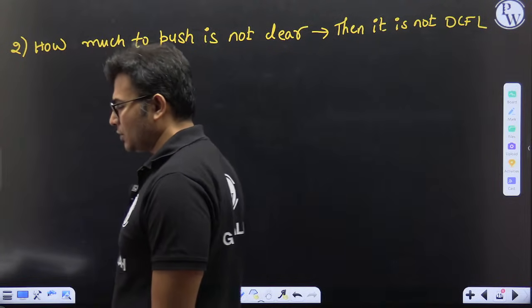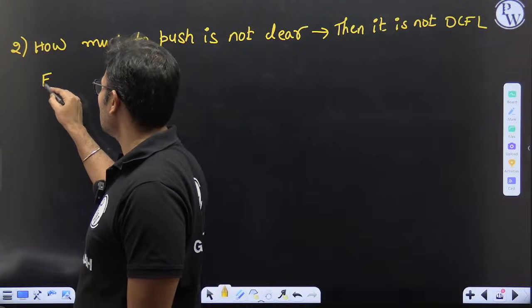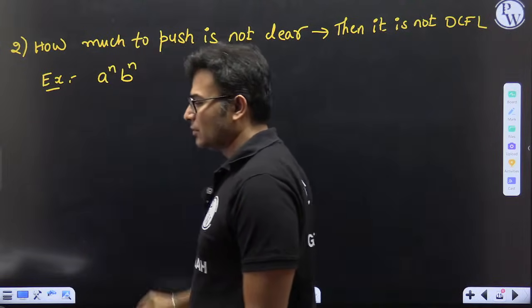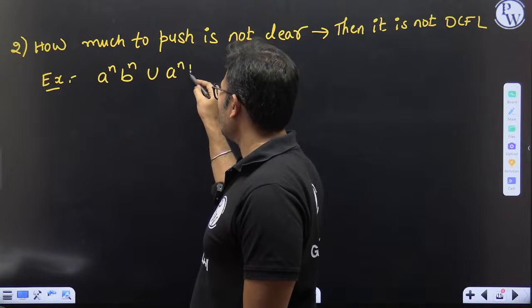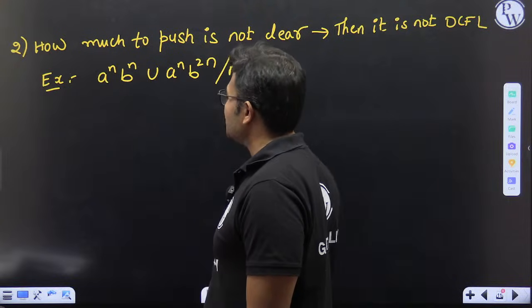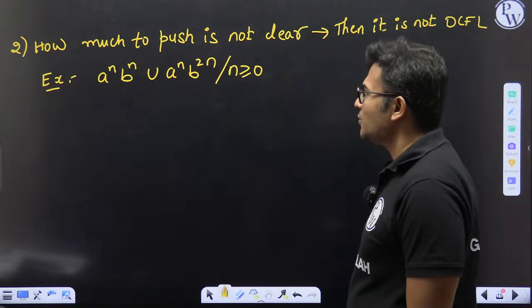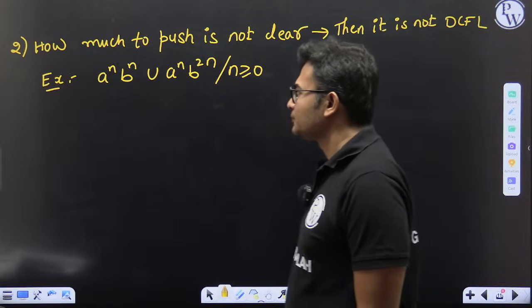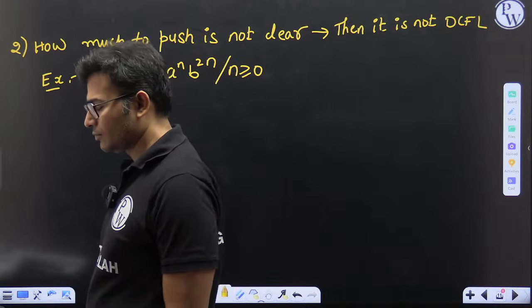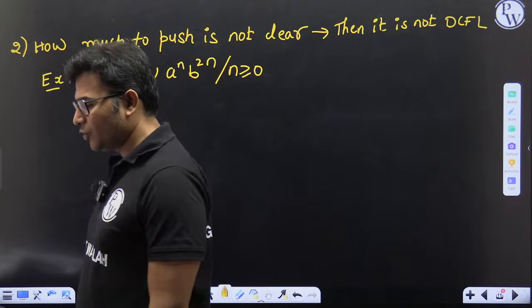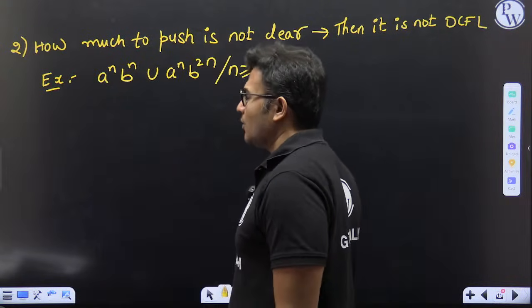So I'll give you an example. The example is a power n, b power n union a power n, b power 2n, such that n is greater than or equal to 0.